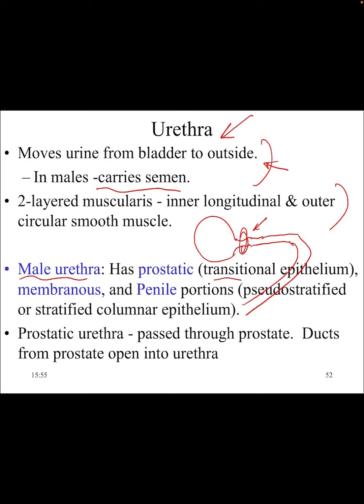For the prostatic urethra, the epithelium is transitional epithelium, similar to the ureter and bladder. Then we have the membranous and penile portions. The epithelium is pseudostratified epithelium or sometimes stratified columnar epithelium. Near the opening, the epithelium changes into stratified squamous epithelium.